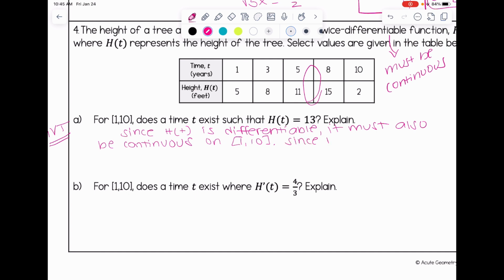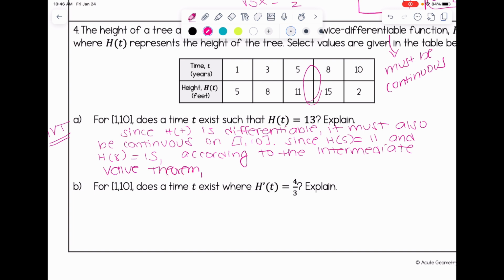So I'm going to write since h of 5 is 11, and h of 8 is 15, according to the intermediate value theorem, a time t must exist where h of t equals 13.